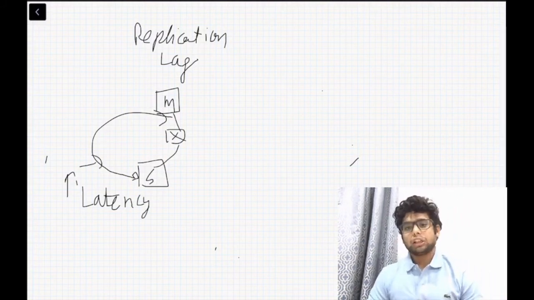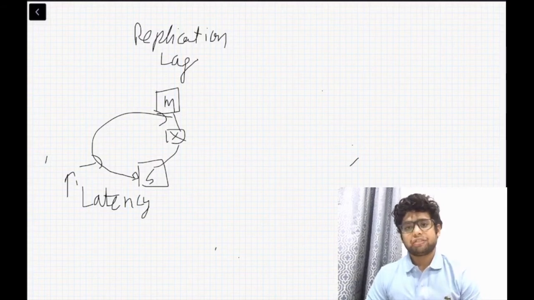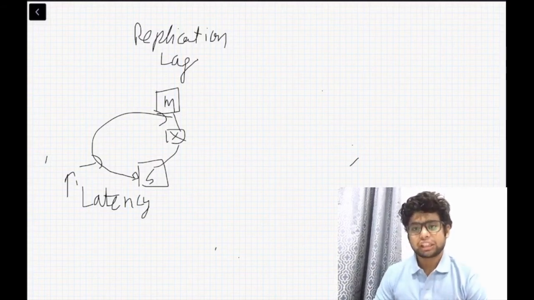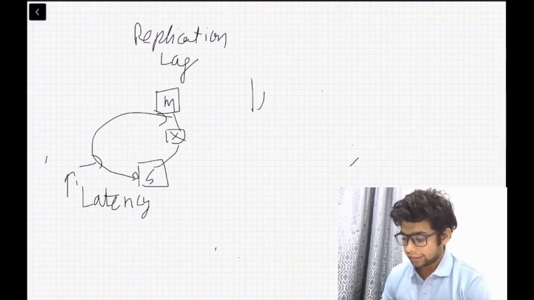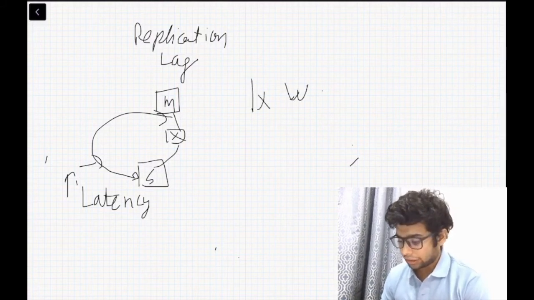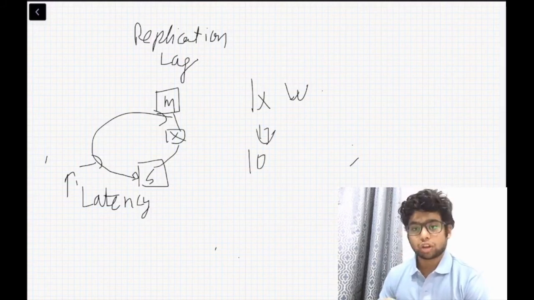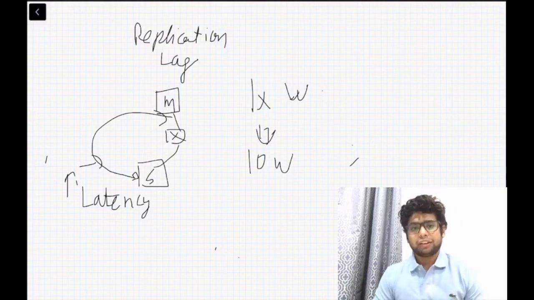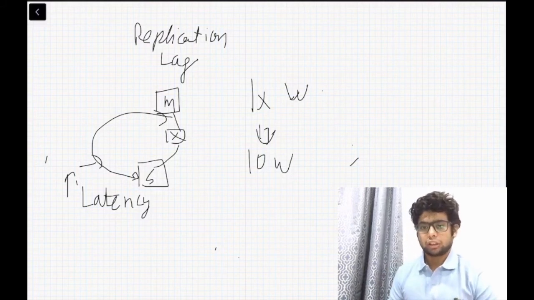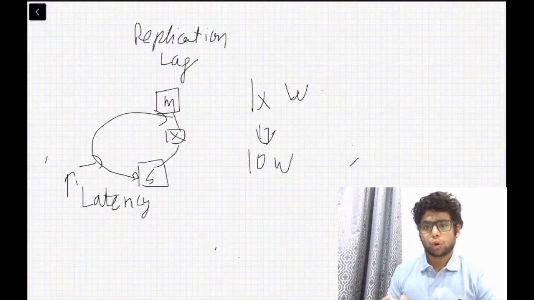Replication lag. Another possibility could be that our actual writes have increased. Let's say at first I was operating with 1x writes, and suddenly these writes spike to 10x, then each of the slaves would be copying more data. Hence, the speed at which the data is copied would remain constant, but the amount of data is high. So the actual time taken to copy the last thing would be high, right?